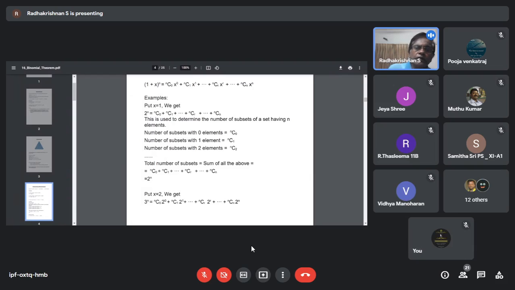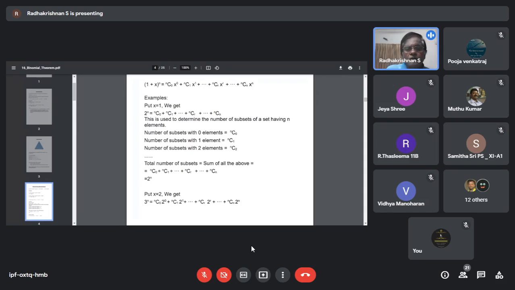So if you put x equal to 1, we can get a value of 2 to the power of n in terms of the sum of the combination values nC0 plus nC1 etc. up to nCn.